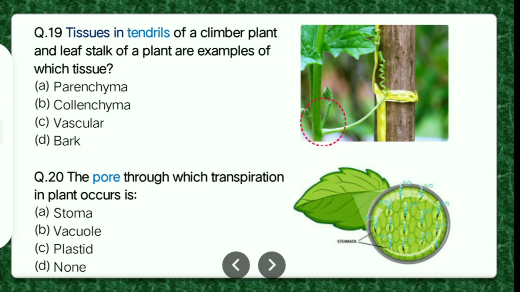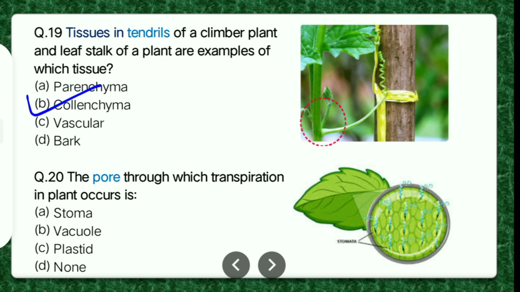Just because of that, the stems in climbers are modified into a spring-like structure called tendrils, and the tissue present in those tendrils is collenchyma. Collenchymatous tissue is present because it provides flexibility to the plants. That's why the correct option is collenchyma.